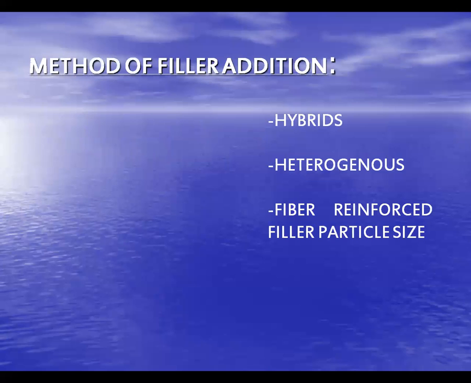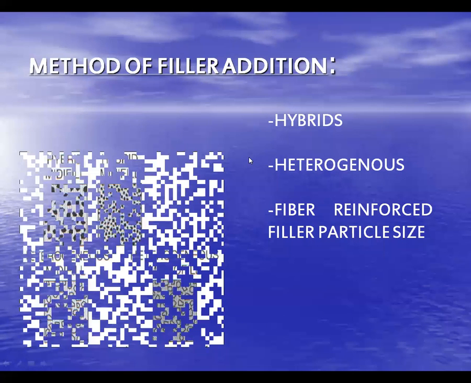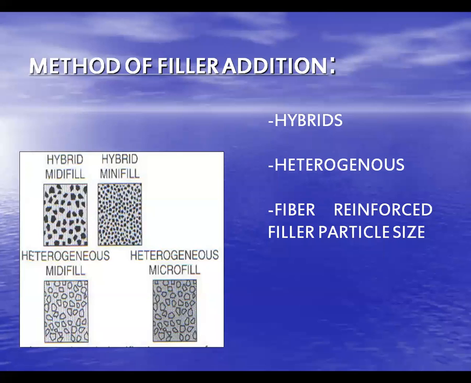Right. So here again this composite can be classified according to the filler additions. In case it may be a hybrid one, or a heterogeneous one, or fiber reinforced particles. So in hybrids, there is a combination of two sizes of filler particles.